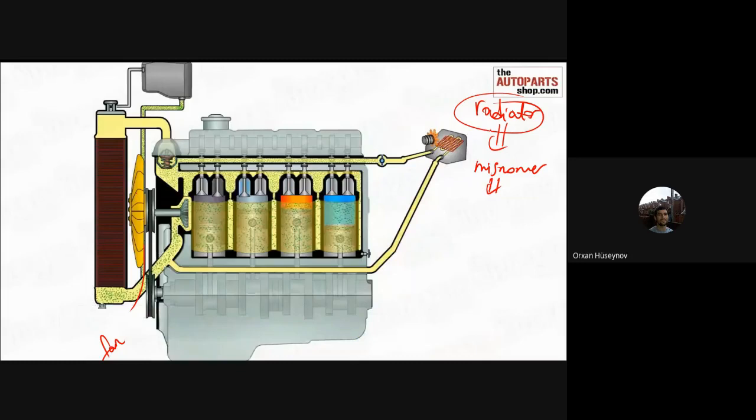This is false. The heat transfer here doesn't happen by radiation. It happens by another type of heat transfer, which is convection. We'll see it in the heat transfer lecture. Therefore, it is a convector, not a radiator. This is historical. In the past, people believed that heat transfer happens due to radiation, electromagnetic waves, and therefore they called it a radiator, but it is a convector.